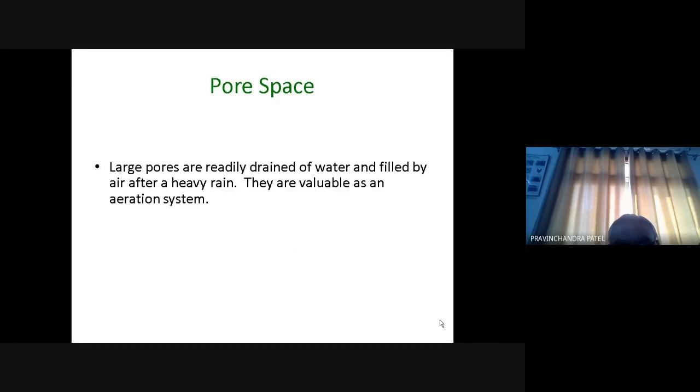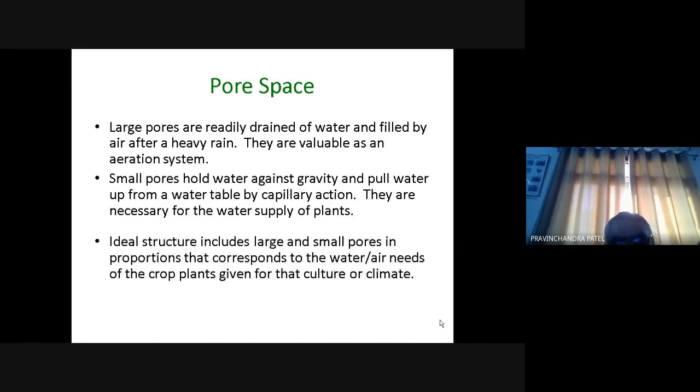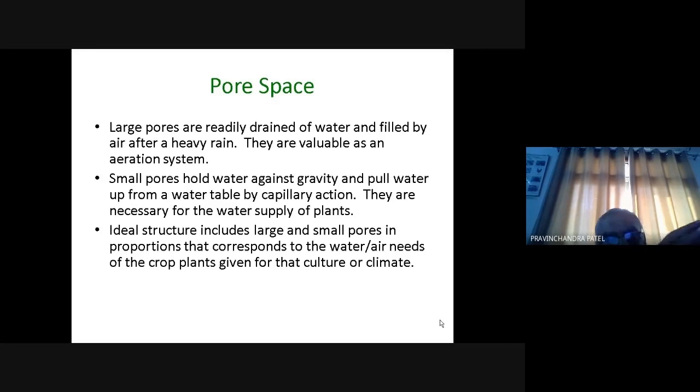Then pore space. I told that when there is a large pore, it is called a macropore. So large pores are readily drained of water and filled by air after a heavy rainfall. They are valuable as an aeration system.